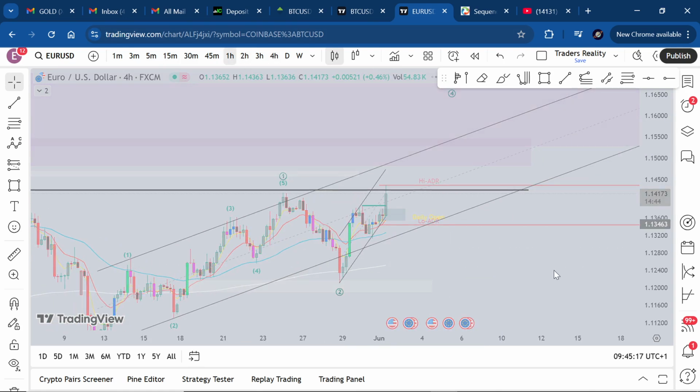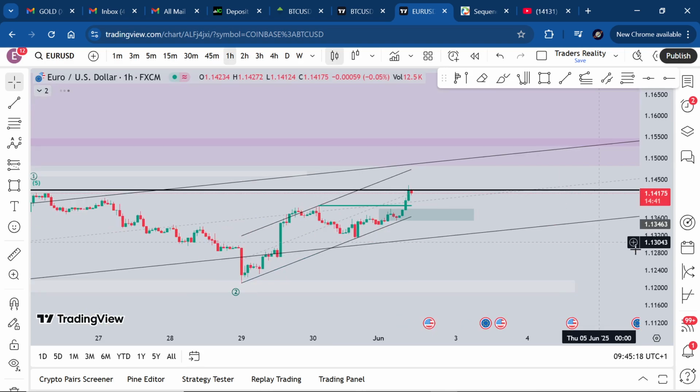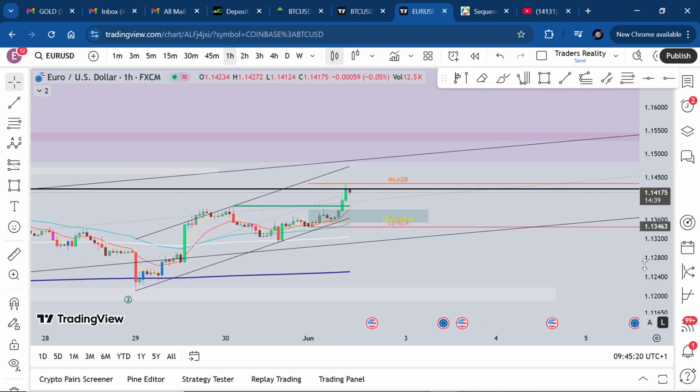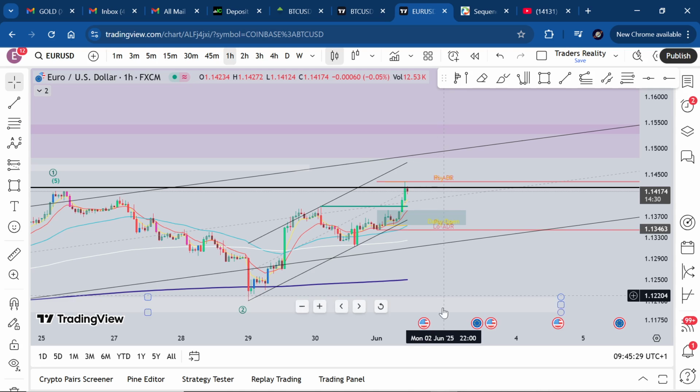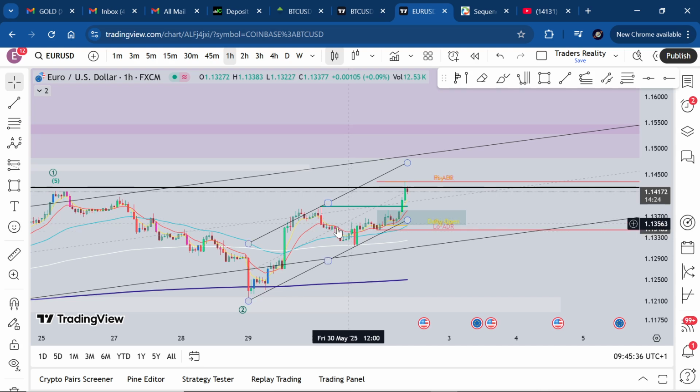I go to the 1-hour time frame now. We're getting a pullback. Now I want this pullback preferably to at least touch the green line, preferably touch the green box even would be better. So we do have a shoulder, a head, and a shoulder broke above the 50 EMA.